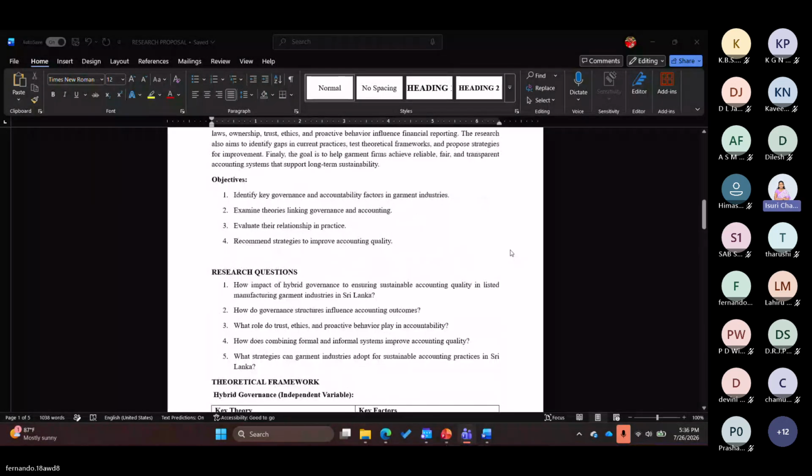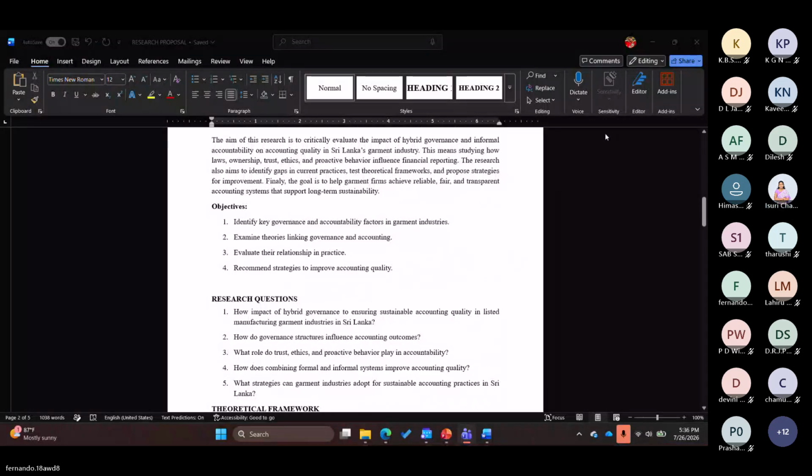Okay, questions and objectives. Always you have to mention the question first and then the objective second. Convert the same questions into the objectives with the objective format.